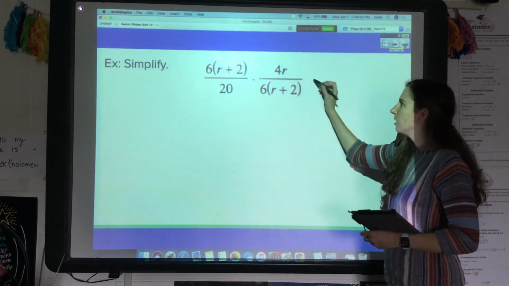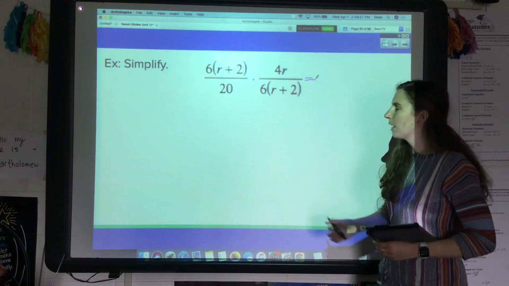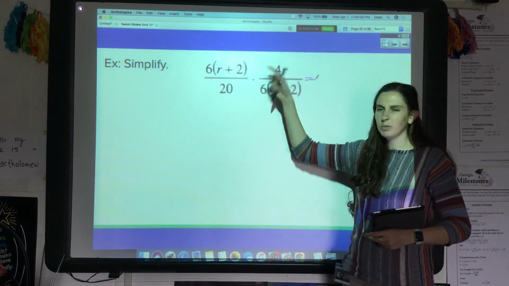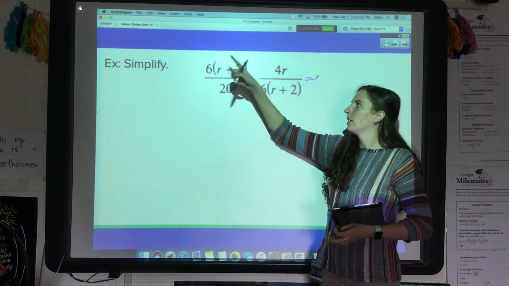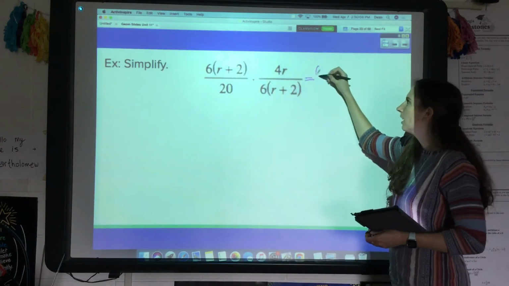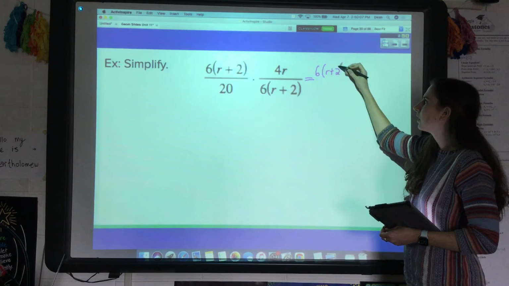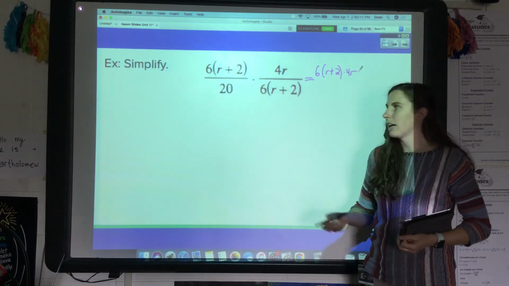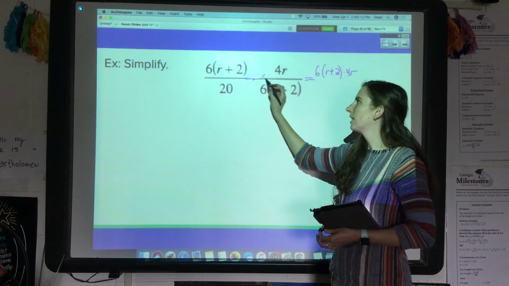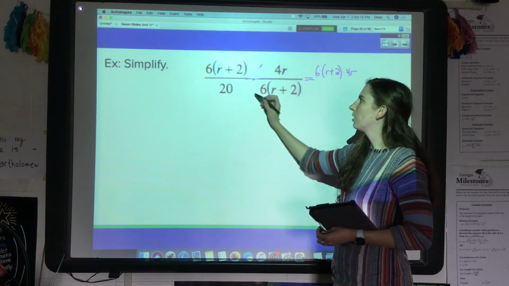All right, on this one, again, when you multiply across the top, don't distribute things, just leave it in its factored form. So I have 6 times r plus 2 times 4r. The dot in the middle really doesn't even matter. You could almost just extend this and imagine you're multiplying here.